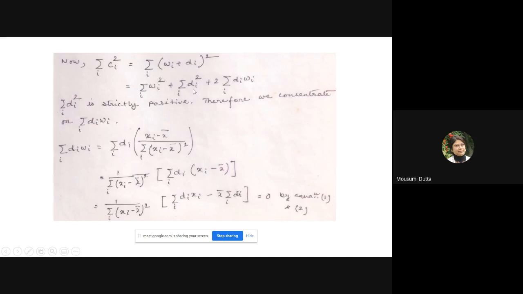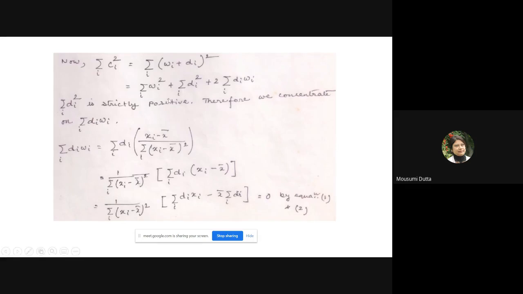Now, if I can show that this part is positive, since summation di square is strictly positive, definitely it will be greater than summation wi square. If we can show this part is equal to 0, in that case also, since summation di square is strictly positive, summation ci square will be greater than summation wi square. So we need to concentrate on this part. What is the value of summation di wi?